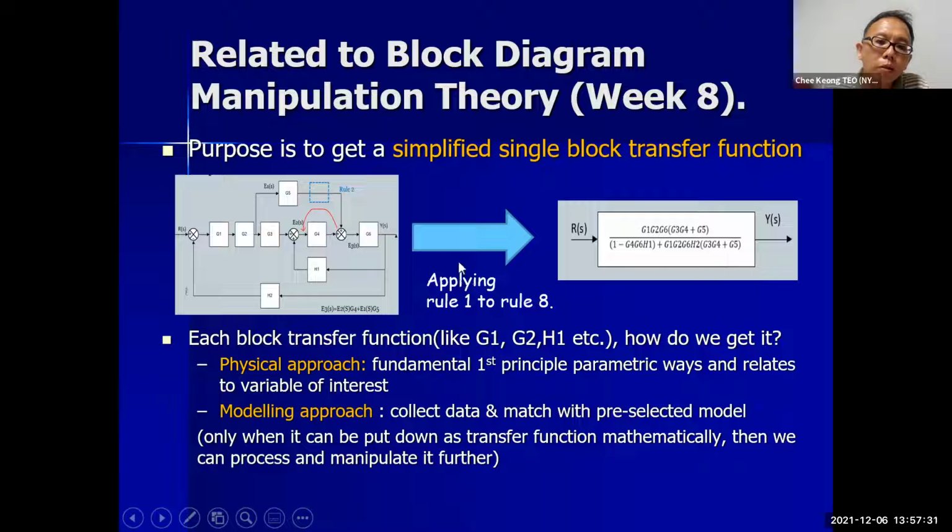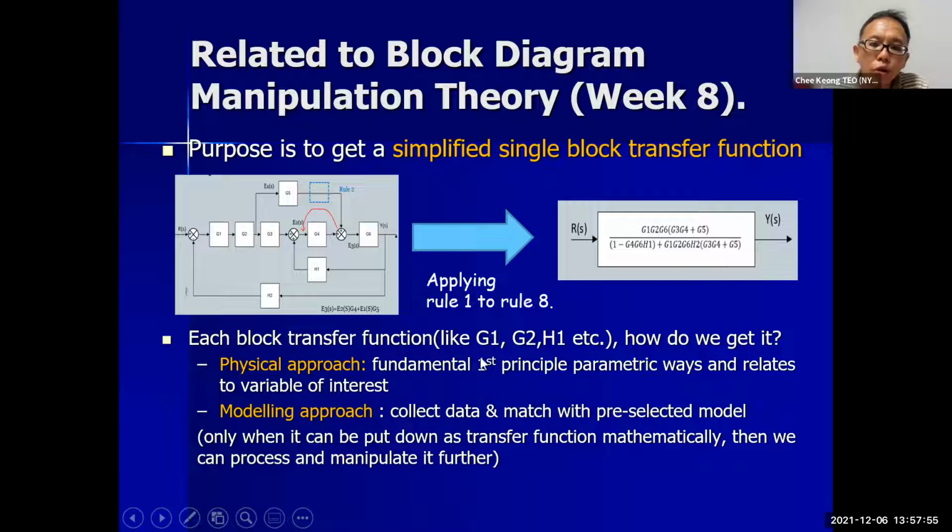Based on block diagram manipulation, if you apply rule 1 and rule 8 at each of the individual sub-loops, you may be able to simplify into one single block. This is what we mean by block diagram manipulation. After you simplify the block, you are able to analyze it using the simplified version.